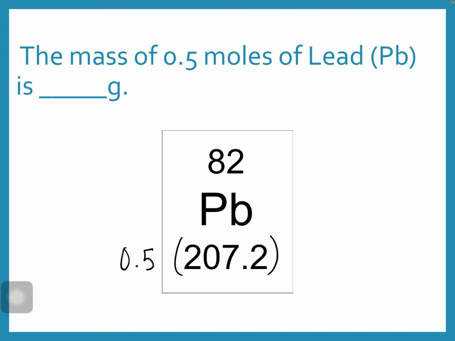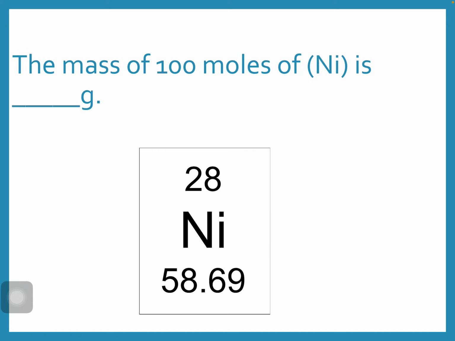If I multiply that by 0.5, then that will give me 103.6 grams for half a mole of lead. The mass for 100 moles of nickel, so this is my mass in grams for 1 mole, multiply that by 100, and that gives me 5,869 grams for 100 moles of nickel.